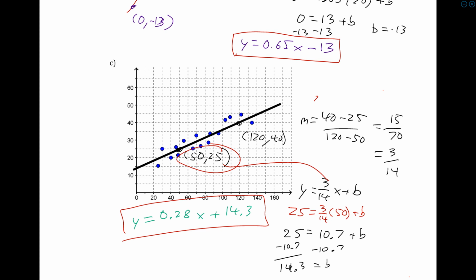Like the number 3 over 14. I don't really know what that is, right? It's a little bit harder to understand. But when I see 0.3, it's like, oh yeah, I know what that number is about. I get the idea of it. Especially when you deal with mixed numbers, like 35 over 8. That's almost meaningless. It's just a thing.